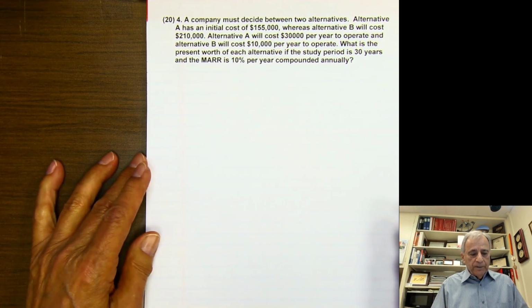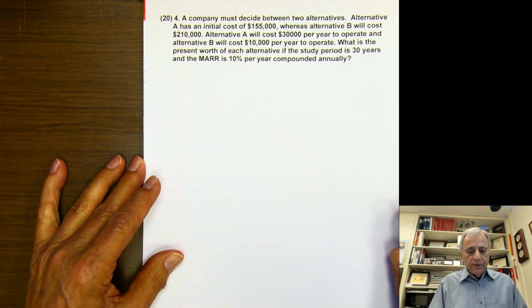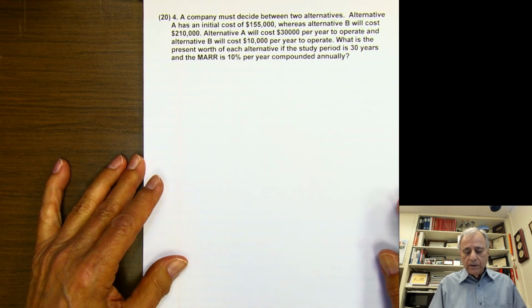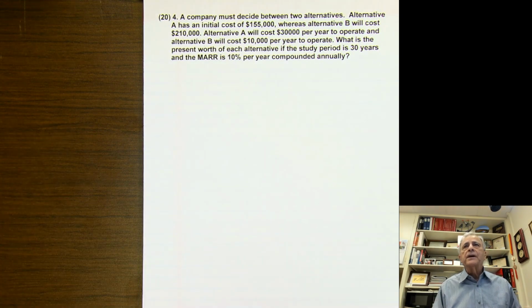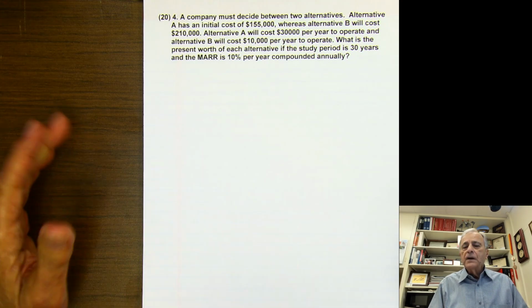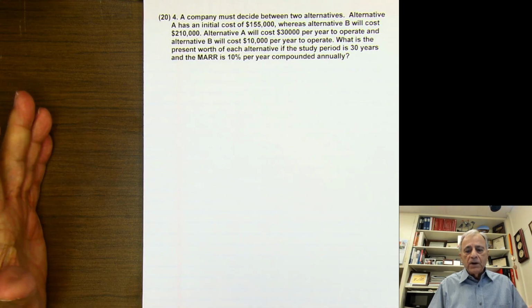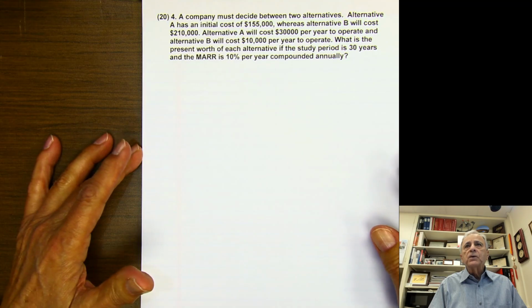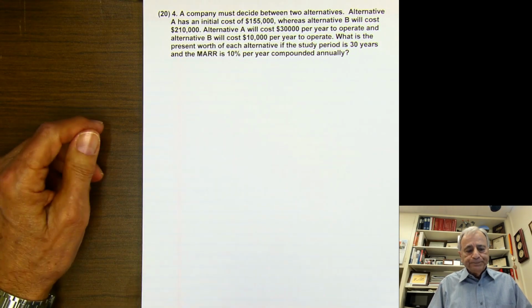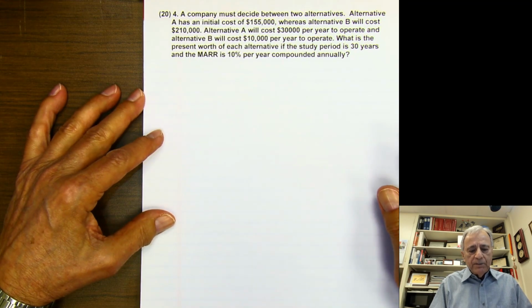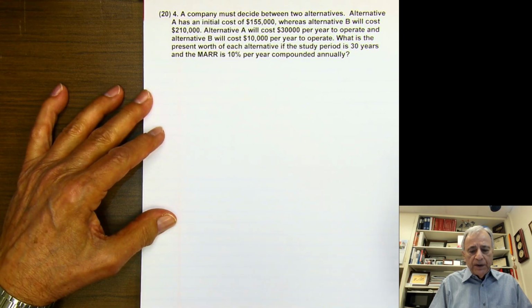In this problem from chapter 4, this is the fourth example problem that I'm working for you. Again, I'll read the question, draw the cash flow diagram, put in the generic formulas, and then we'll crank out the numbers. A company must decide between two alternatives.